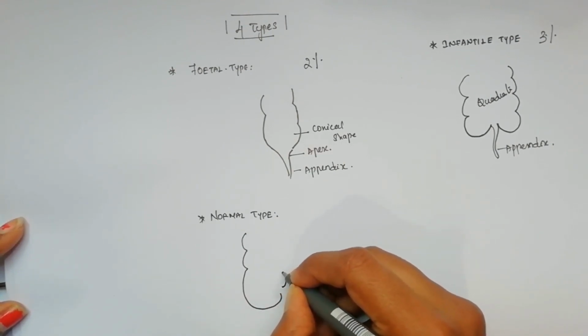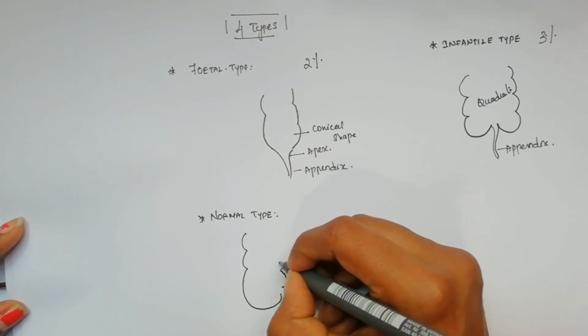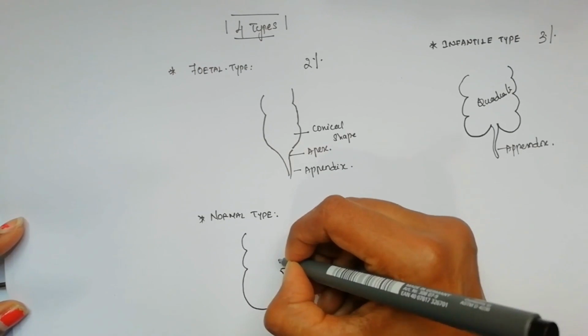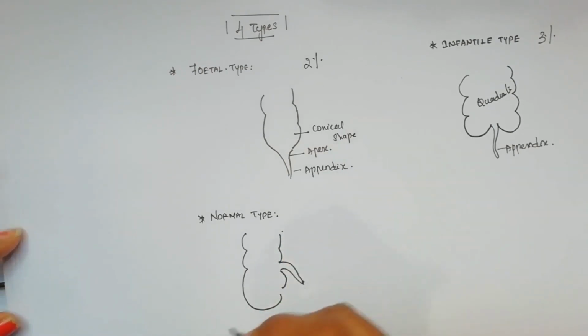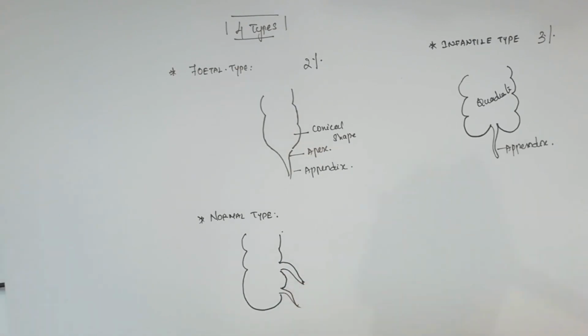From there we have got our ileum arising, and here we have got our appendix. I think you can make out. Here right and left saccule usually will be seen in cecum. In this normal type, right saccule will be enlarged compared to the left saccule, so left will look somewhat reduced in size.